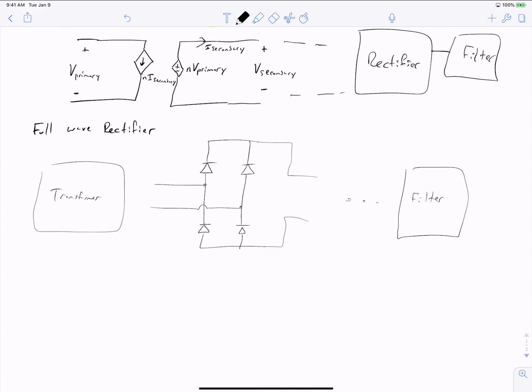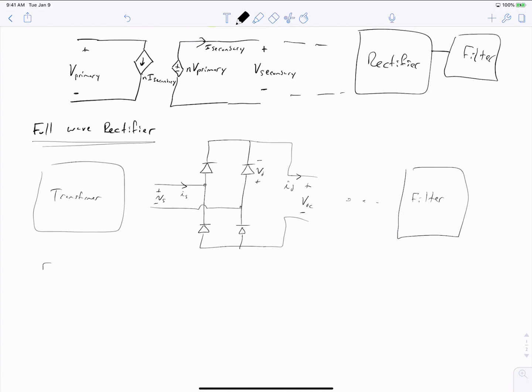We can label voltages and currents in this, and we'll be taking a convention of calling this Vs right here, the input to our rectifier, the current into it as Is, the current out of it as Id, and the output voltage as VDC. We can also talk about the effective voltage drop across each of these diodes as VD when it's conducting. Alright, so that's a full wave rectifier.